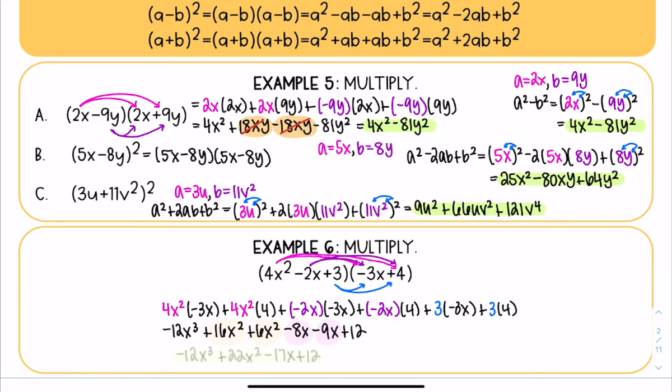We have some like terms. We've got 16x squared and 6x squared, and we have negative 8x and negative 9x. So we end up with negative 12x cubed plus 22x squared minus 17x plus 12 as our answer.